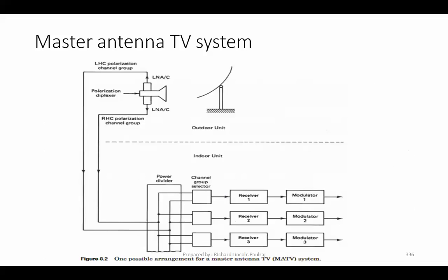Ultimately, one disadvantage with this is that if there's a disturbance in the antenna, then all of the receivers will receive the same disturbance. The noise is transmitted to all the receivers. But the advantage is that you can have just one outdoor unit on your rooftop.